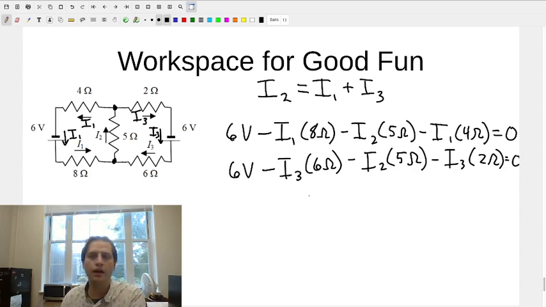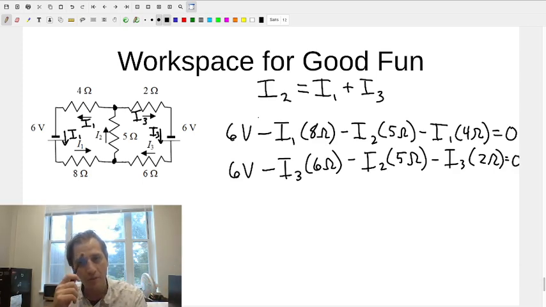Now, depending on how comfortable you are with math, you may or may not see that I'm done with this problem. I'm done with all the physics. I'm done in the sense that I have 3 linearly independent equations and 3 variables, I1, I2, I3. So since I have 3 equations and 3 unknowns, I can now go ahead and solve. I'm not going to do that in this video.